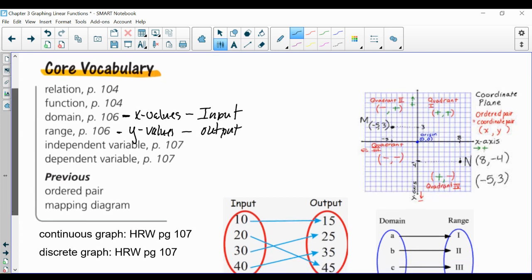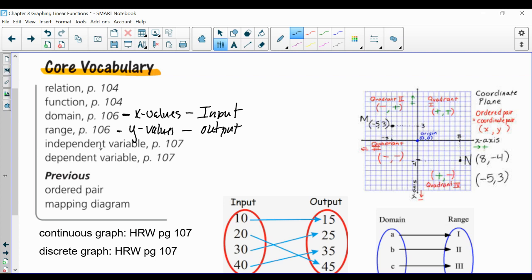The next idea that I told you we're going to talk about is independent and dependent variables. Just to give you a simple definition: the independent variable can stand by itself. Let's say I have gas in the car. My independent variable is the gas in the car.